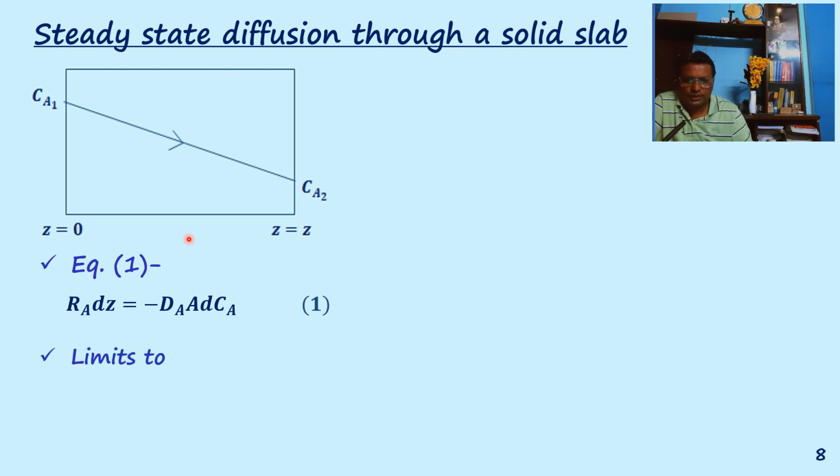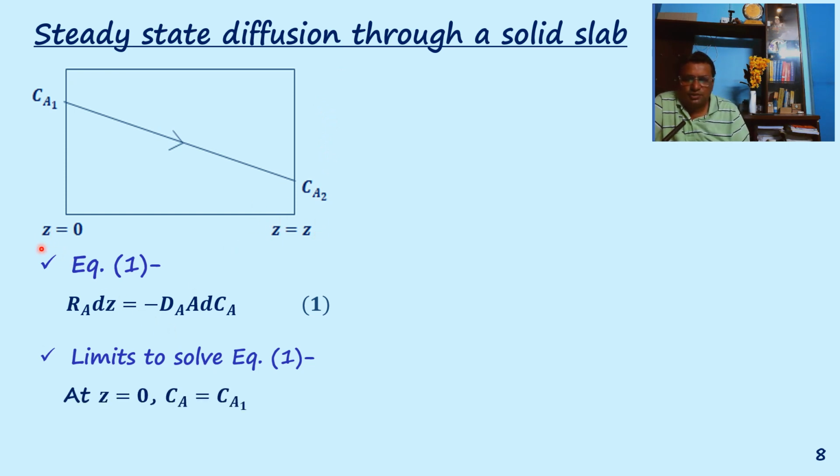That was equation 1. Now what are the limits? If you have to get the equation for the rate, that is the equation for Ra, we need to solve it. And for solving a differential equation, we need to know the limits on the variables. Variables are CA and z. We need to know limits on CA and limits on z, and those limits will be clear to you from this diagram.